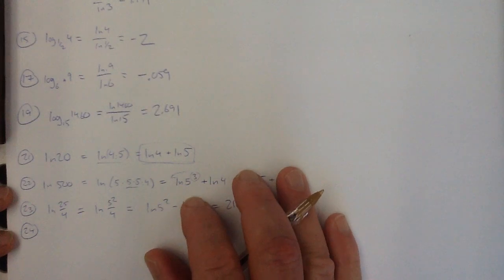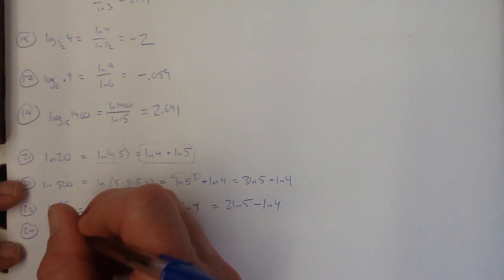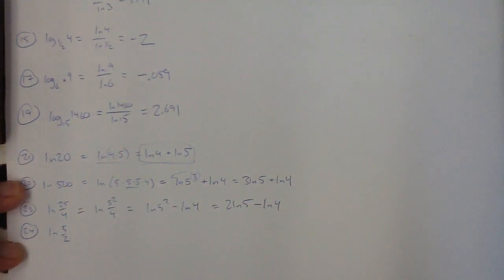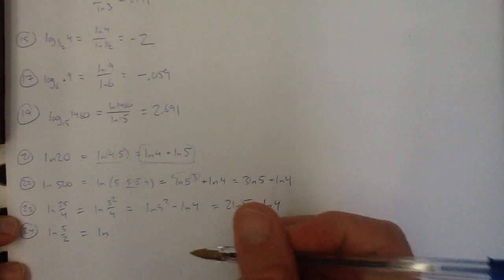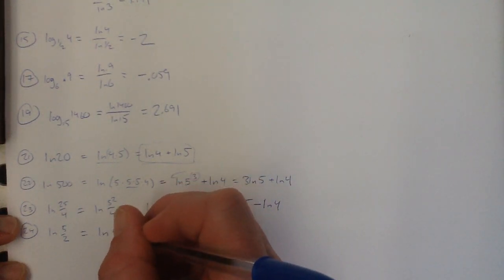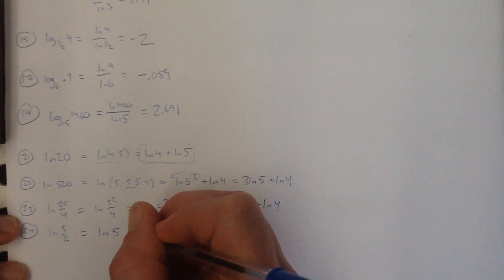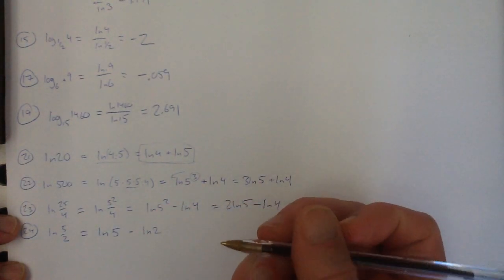And the last one of these, natural log of 5 over 2. So that's a little tricky to figure out how you're going to do that. So that's natural log of 5 minus the natural log of 2.